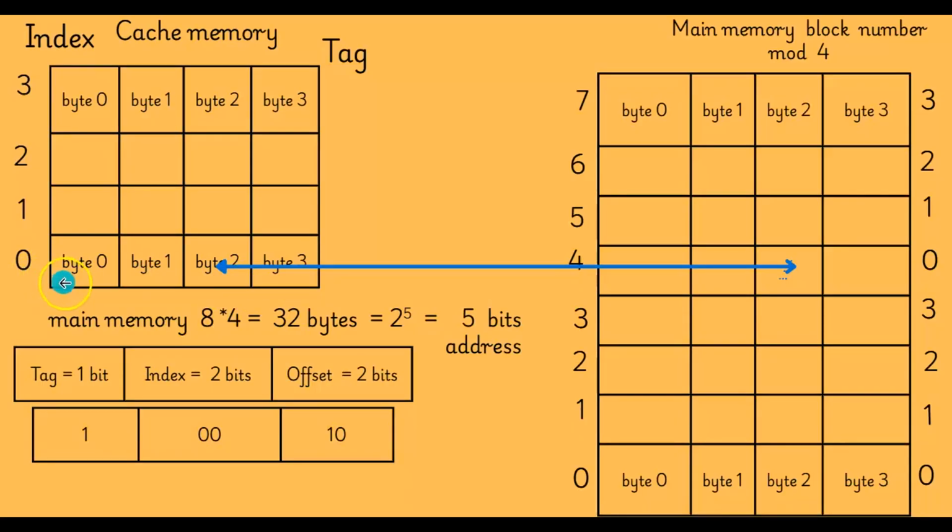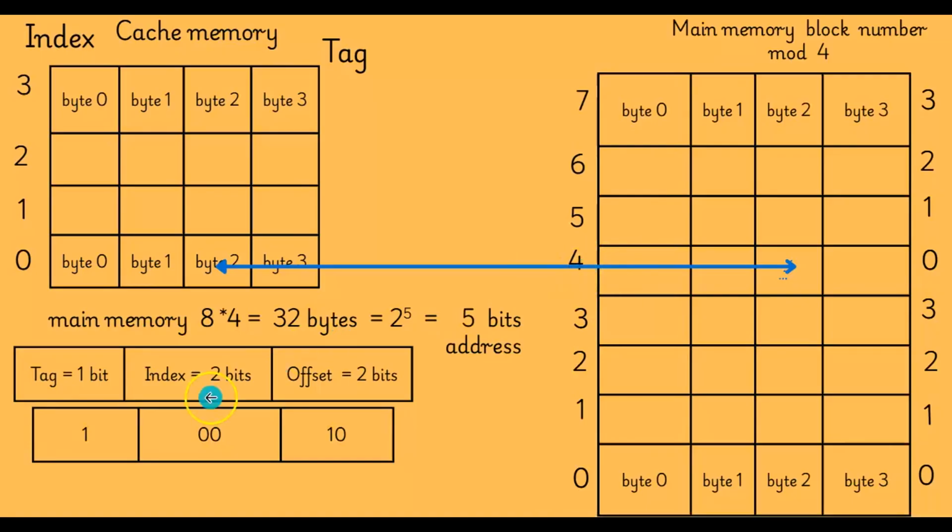And the important point is the tag field. What is the purpose of the tag field? For example, assume this 0th block. If I consider this block also, again it will refer to the same 0th block. But the difference is, the tag field will be 0 for this case, and the tag field for this case is 1.